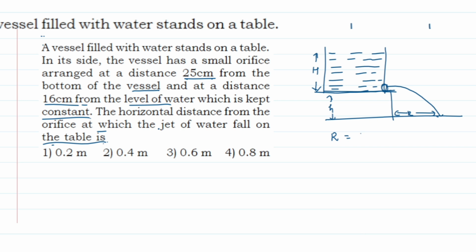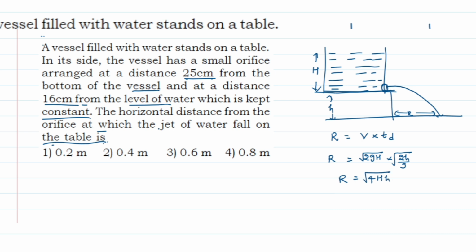Distance is nothing but speed of efflux into time of descent. With what speed it's coming outside, here you can take as square root of 2gh, the total height you can take, into time of descent, which is nothing but square root of 2h by g. Now root g gets cancelled, then 2 2s are 4, so we write 4 into capital H into small h.